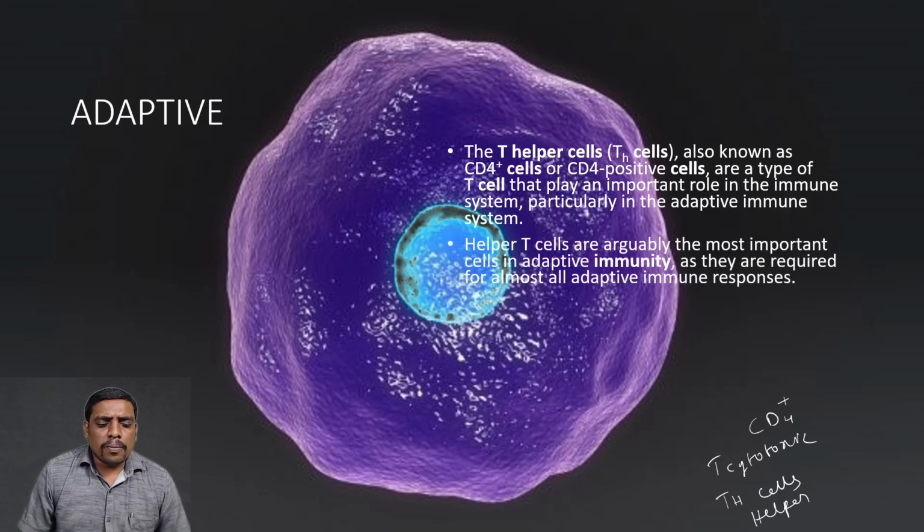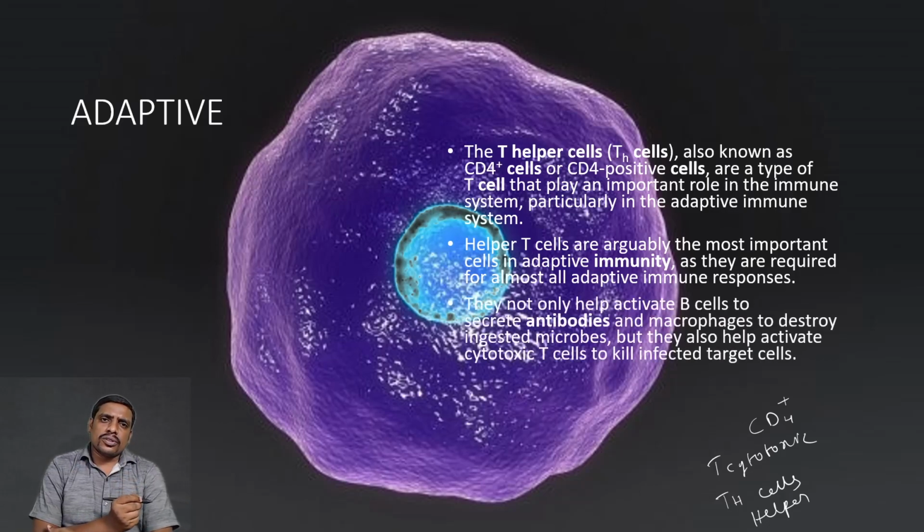Helper cells are the most important cells in adaptive immunity as they are required for almost all adaptive immune responses. So, for all kinds of adaptive immune responses, the T helper cells play an important role. What do you mean by helper? Someone who can support. These T helper cells support the immunocompetence or adaptive immune system.